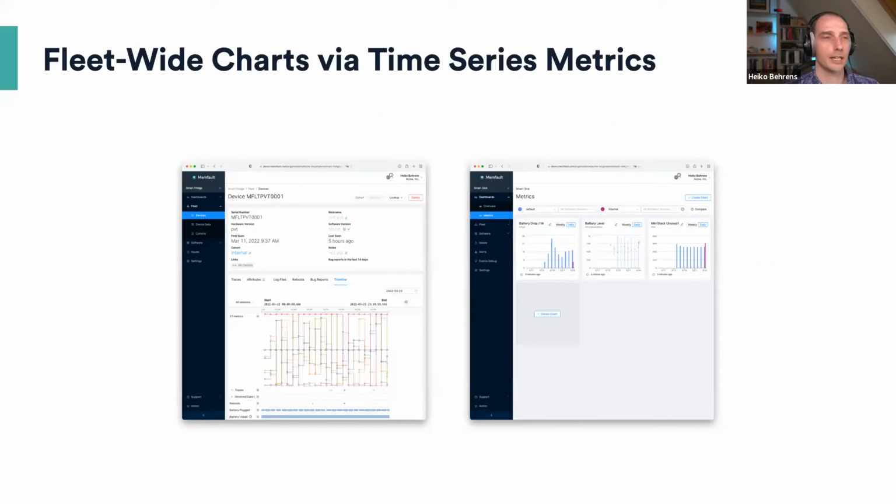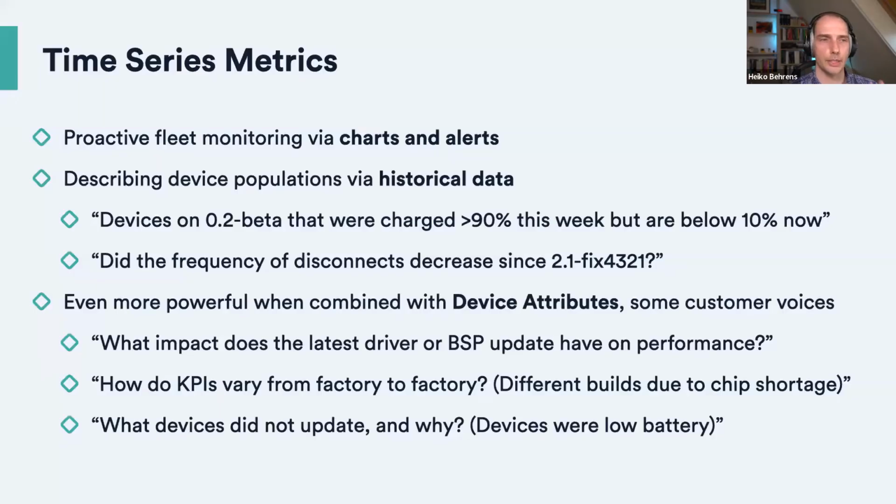We're short of time here. Basically, what this leads to is charts. You have charts, you can configure alerts, and ultimately you get fleet-wide insights. I'm pretty sure you are familiar with the general ideas. I would rather spend the time to talk about a few interesting use cases, especially if you combine this with attributes.